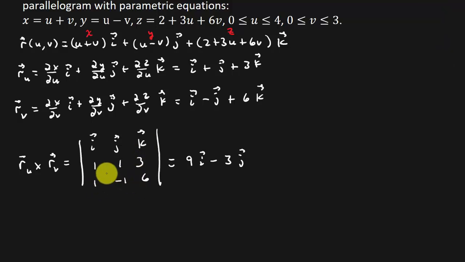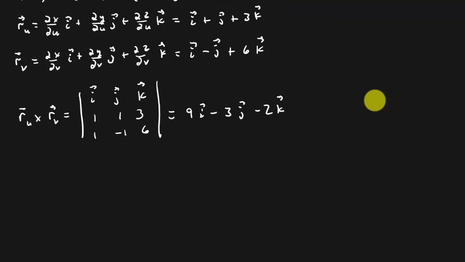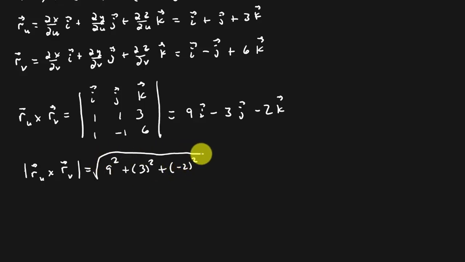And then covering up the k column, negative 1 minus 1 is minus 2k. So we need the magnitude of this. That's the square root of 9 squared plus negative 3 squared plus negative 2 squared, and that is equal to the square root of 94.